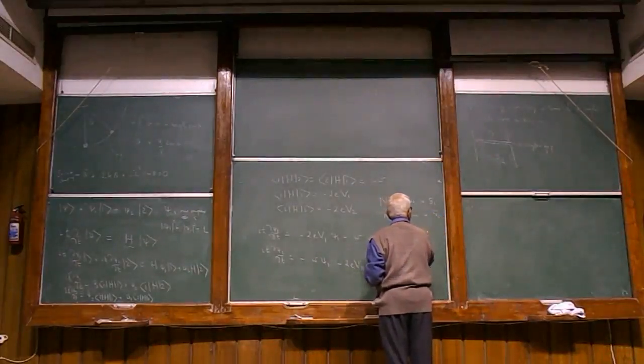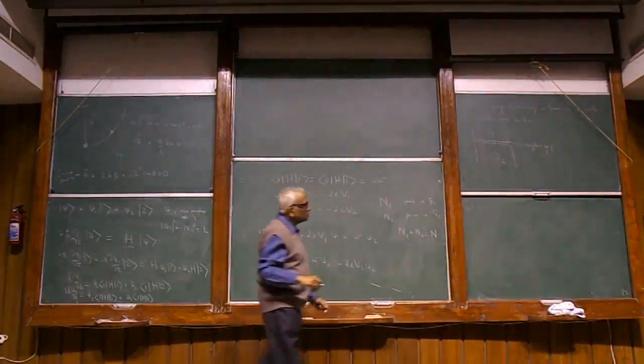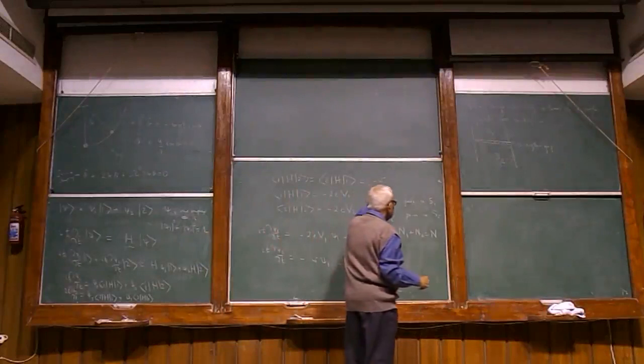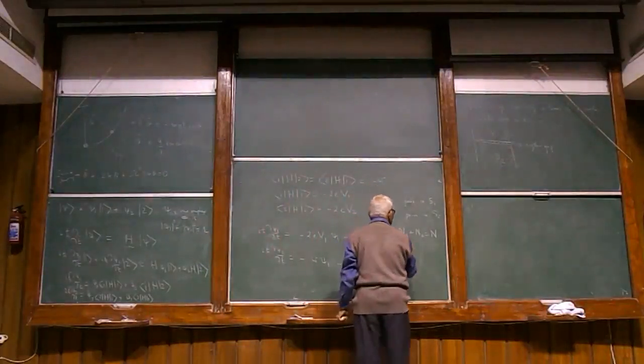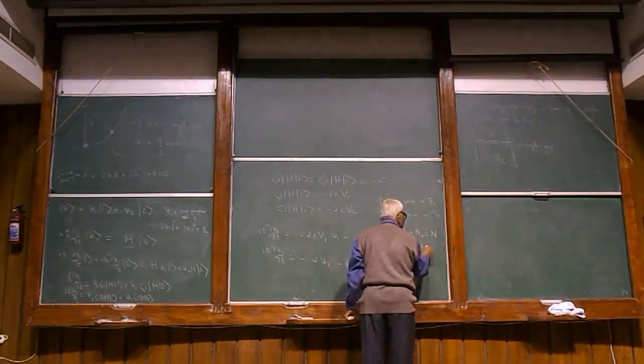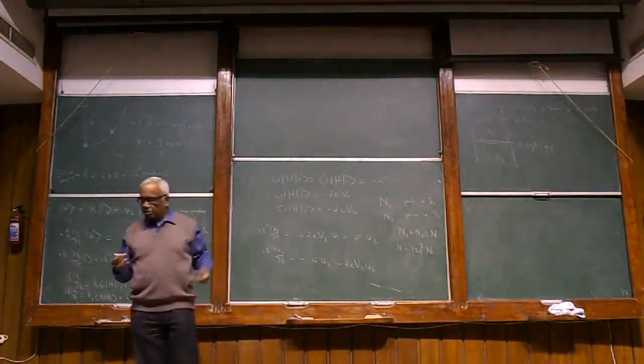N1 plus N2 is n, let's say, the total number of pairs, and N1 is equal to psi 1 mod square. So what is the meaning in terms of these number of pairs?